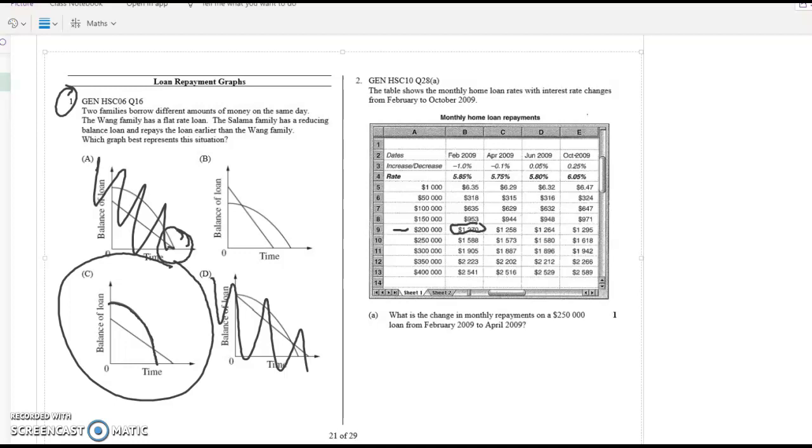What is the change in monthly repayments on a $250,000 loan from February to April?